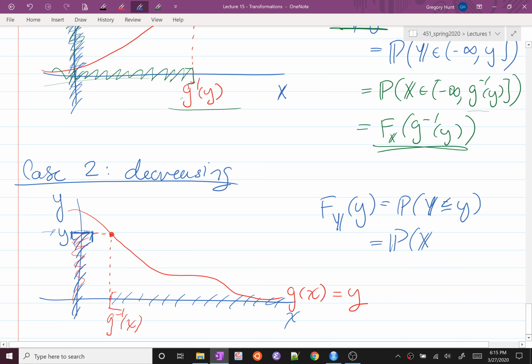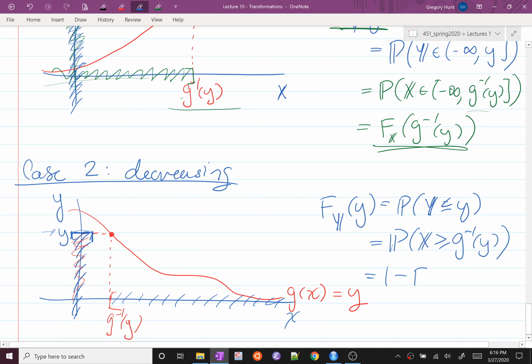bigger than g inverse of y. So this is the probability that X is bigger than or equal to g inverse of little y. Sorry, this would be g inverse of little y.